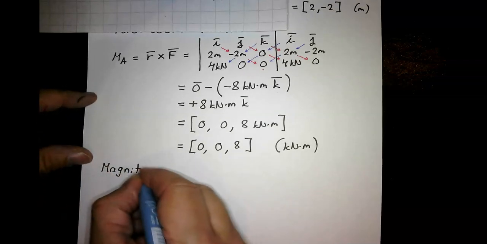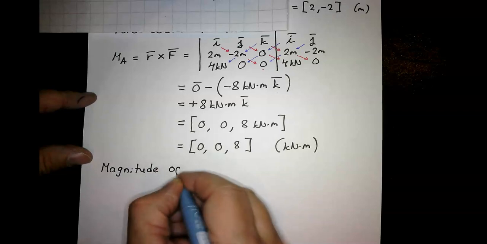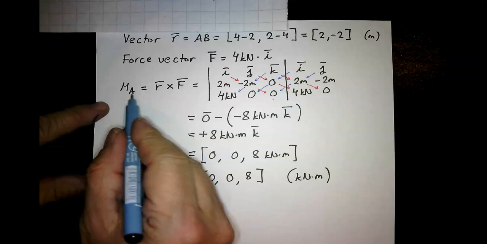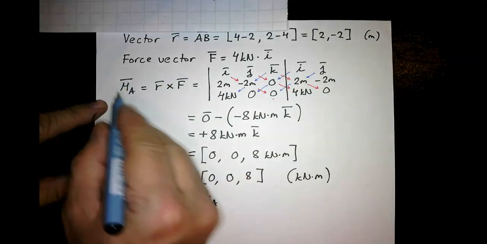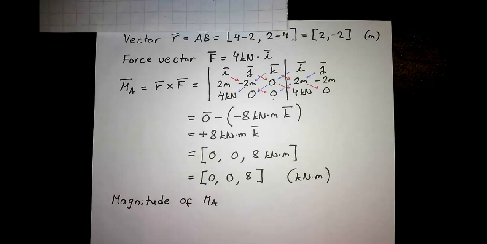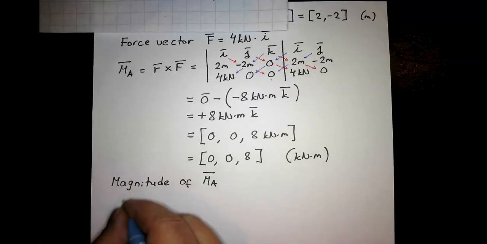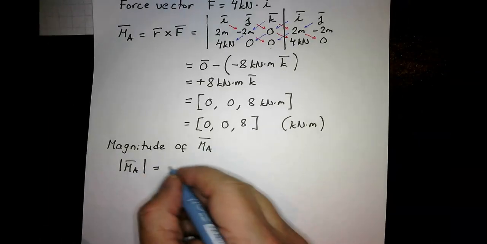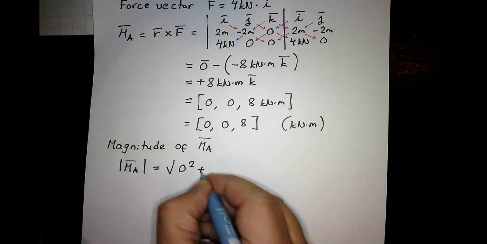I will write the calculation process here. Magnitude of, actually here M_A, this is also a vector, there should be the line above that moment A. The magnitude of moment A will be calculated by using again the Pythagoras.